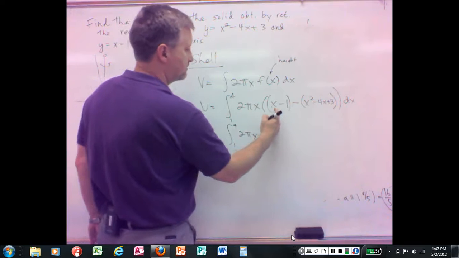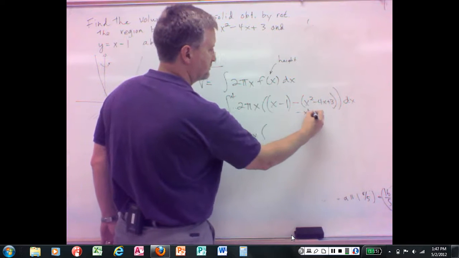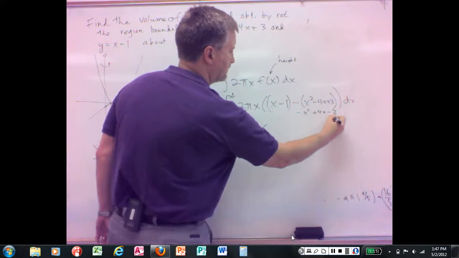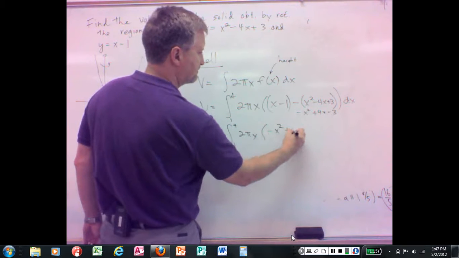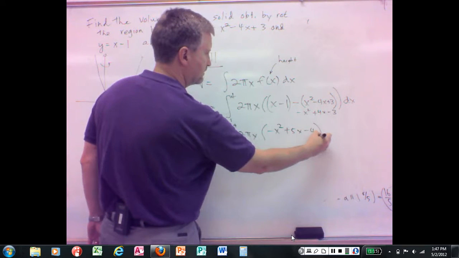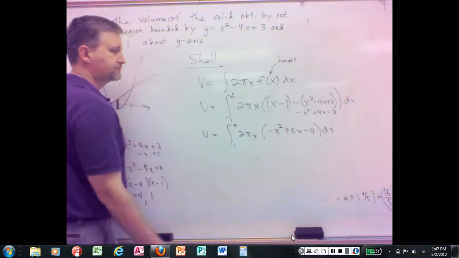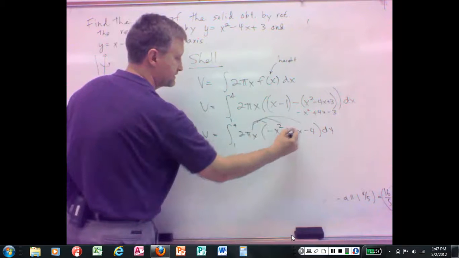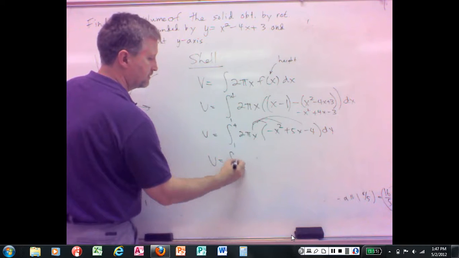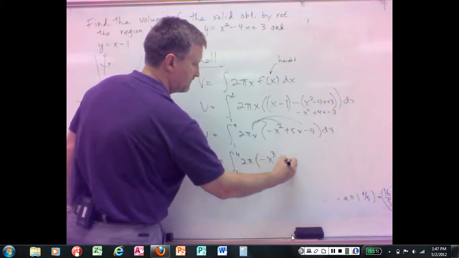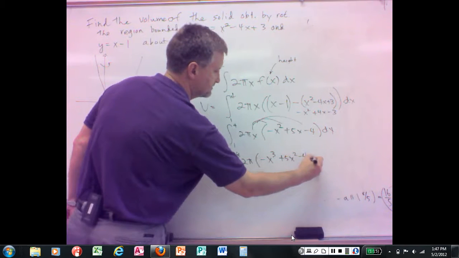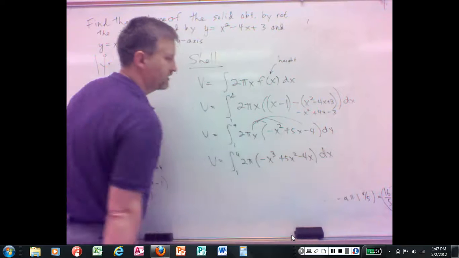There are some like terms here. Don't forget to change those signs. It would be minus x squared plus 5x minus 4. But then I have to distribute the x. So it would be minus x cubed plus 5x squared minus 4x is what I finally wind up doing the antiderivative of.